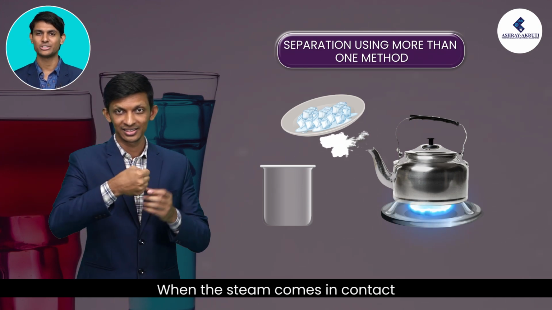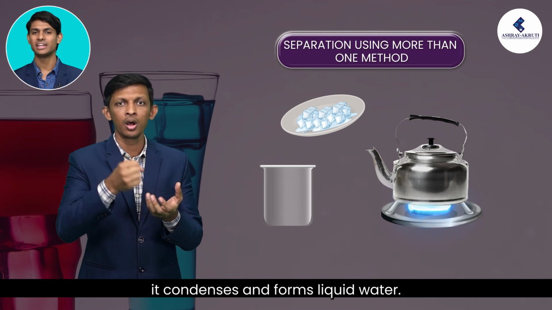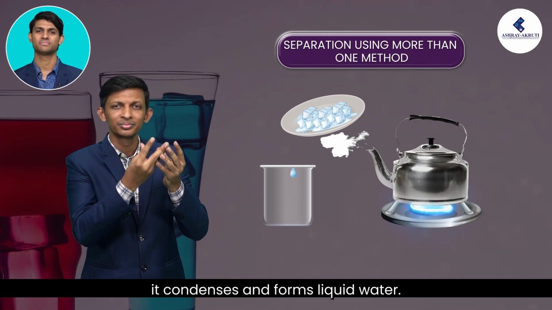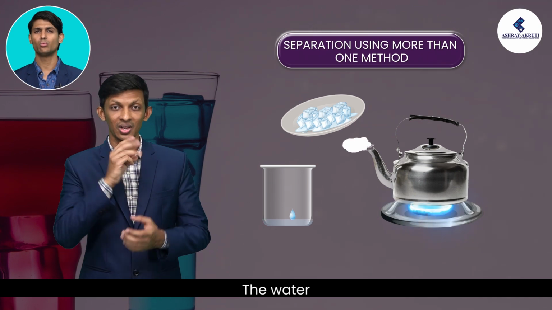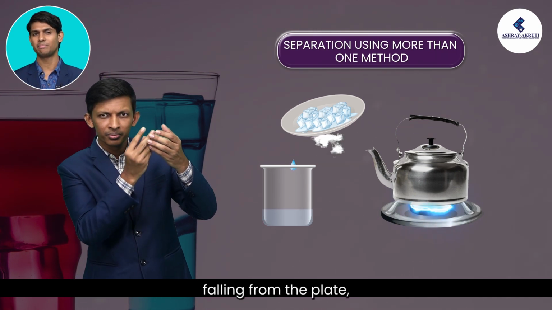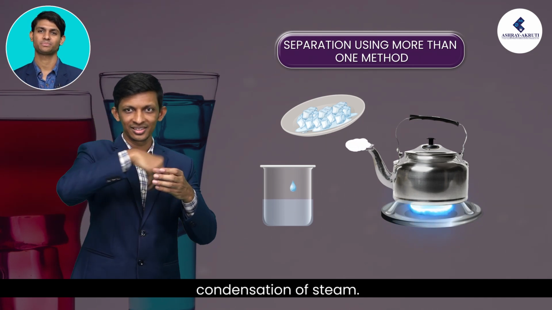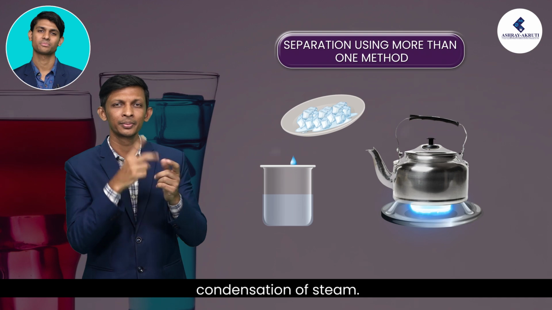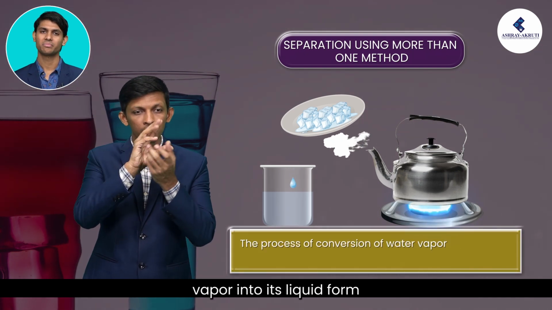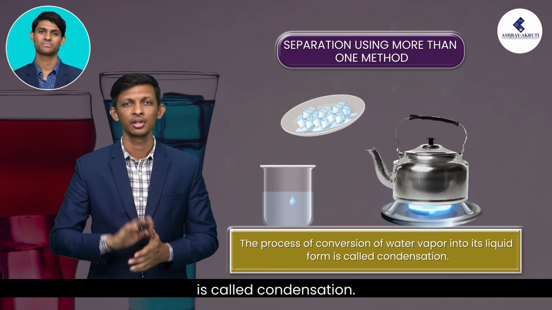When the steam comes in contact with the metal plate cooled with ice, it condenses and forms liquid water. The water drops that you observed falling from the plate were due to condensation of steam. The process of conversion of water vapor into its liquid form is called condensation.